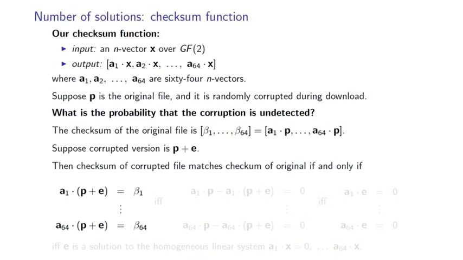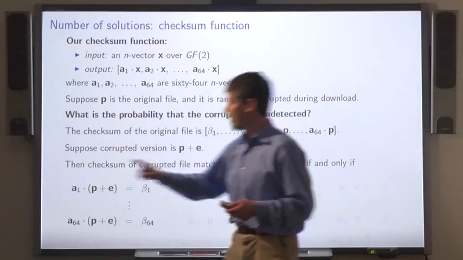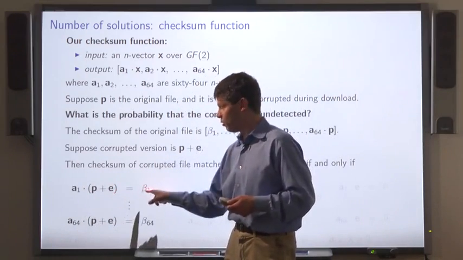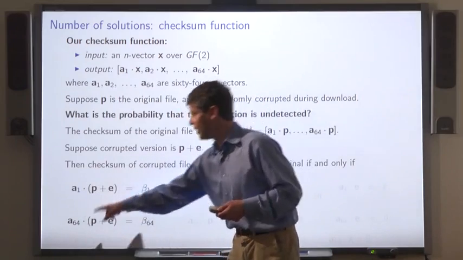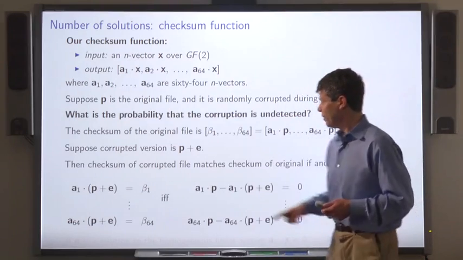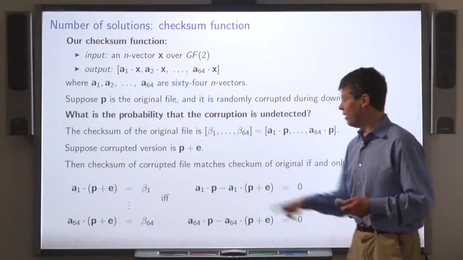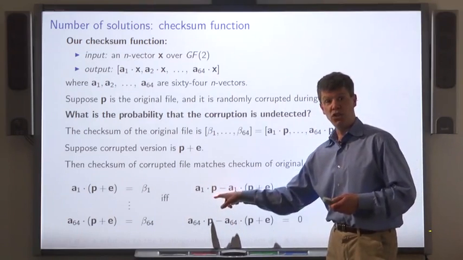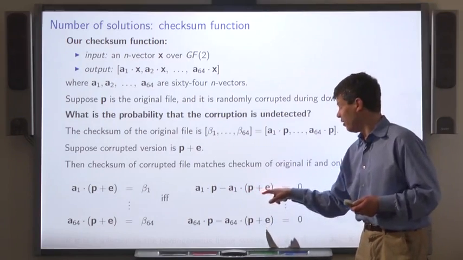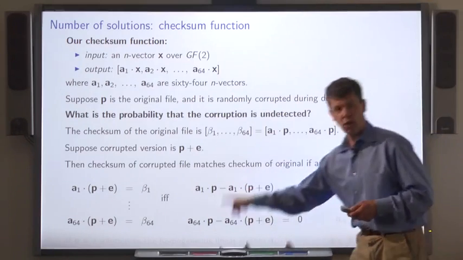Then the checksum of the corrupted file matches the checksum of the original file if and only if the first bit matches, a1.(p plus e) equals beta 1, the second matches, and so on down to the 64th. That's true if and only if the difference between the first bit of the checksum of the original file and the first bit of the checksum of the downloaded file is 0, and so on.